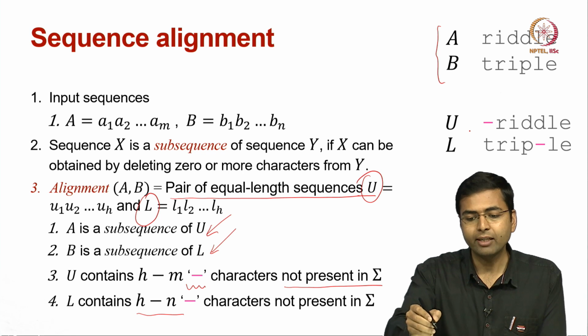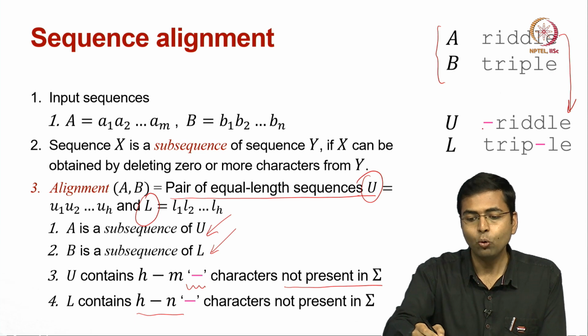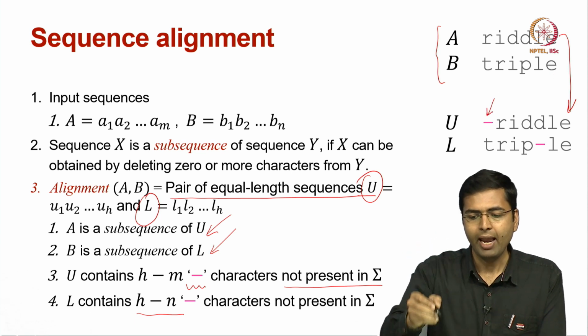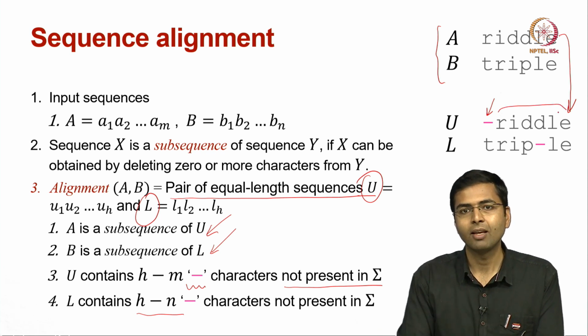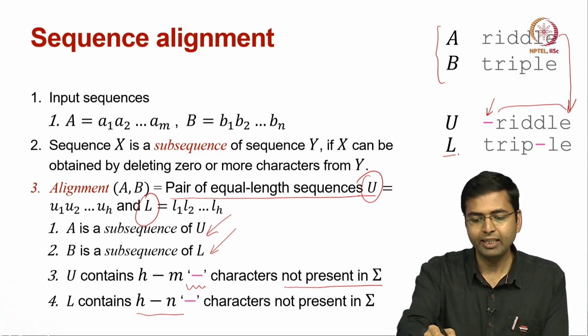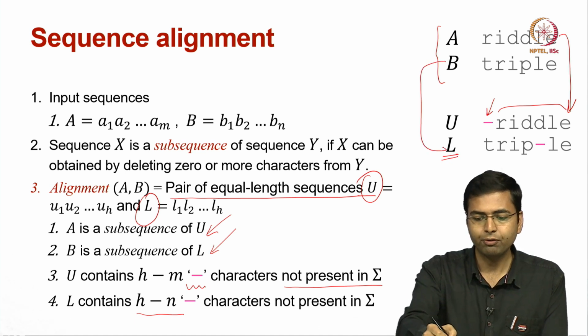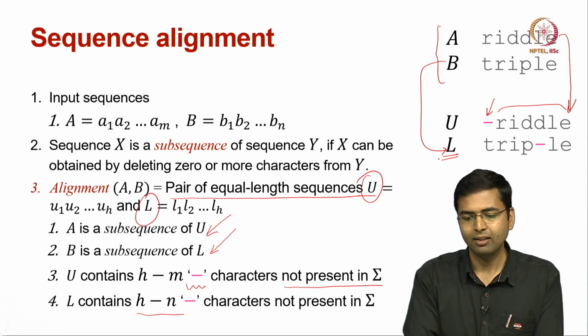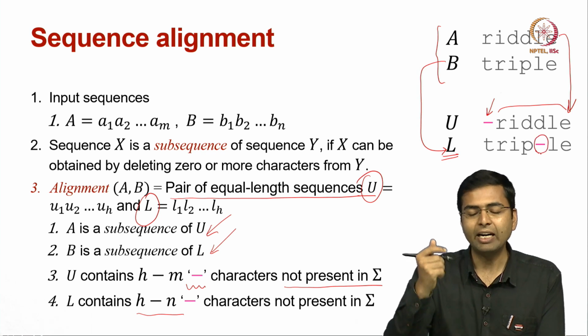Observe that A is a subsequence of U, and in this example U consists of one dash symbol, and the remaining symbols are from sequence A. Similarly, B is a subsequence of sequence L, and it also has a single dash symbol.